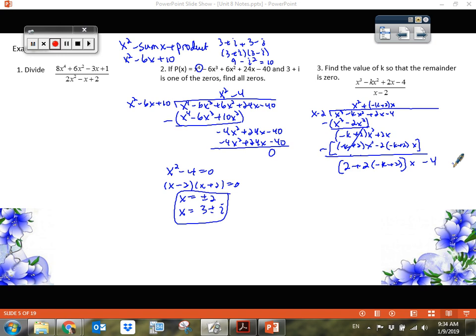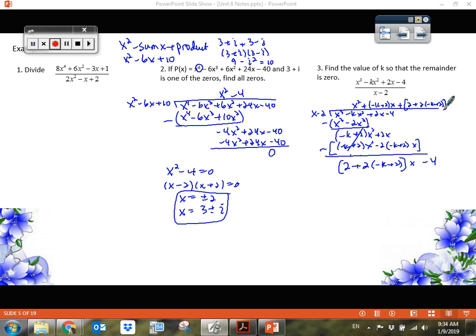Okay, so what do we do now? We ask ourselves, what would we multiply x by to get this? Well, that mess, right? And this top part doesn't really matter. You could put it up here: 2 plus 2 times minus k plus 2.